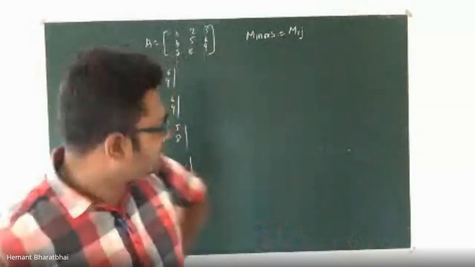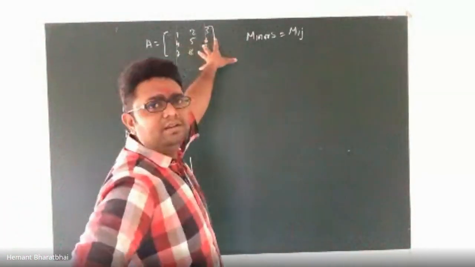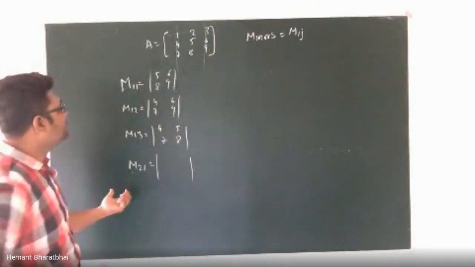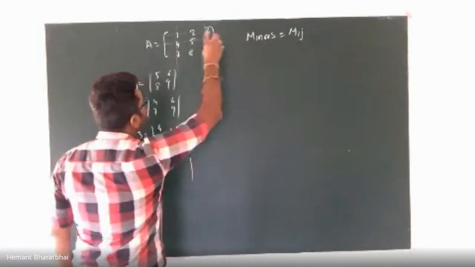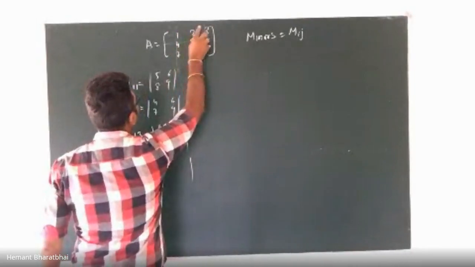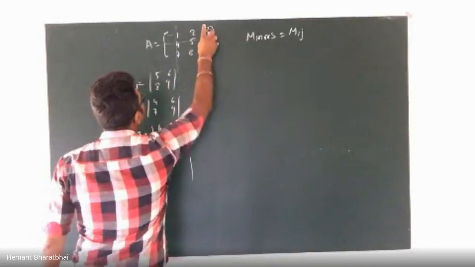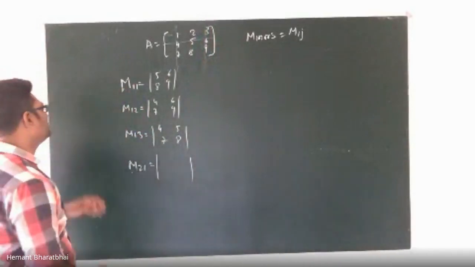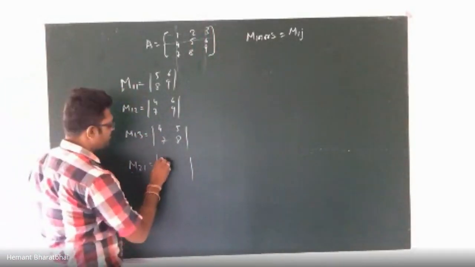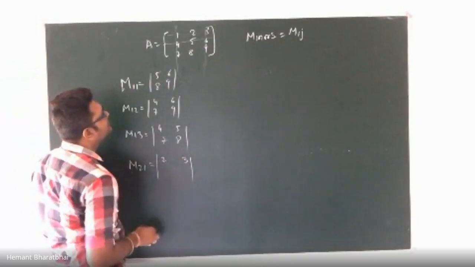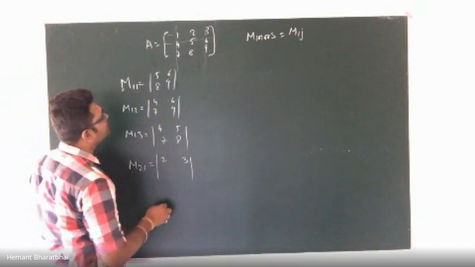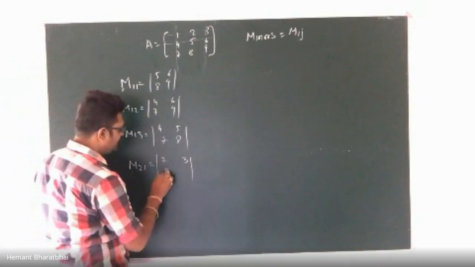So M21: you will cancel second row and first column, and what elements remain is 2, 3, 8, and 9.